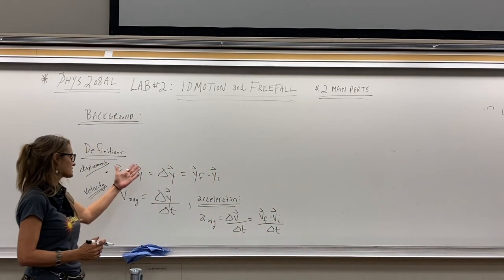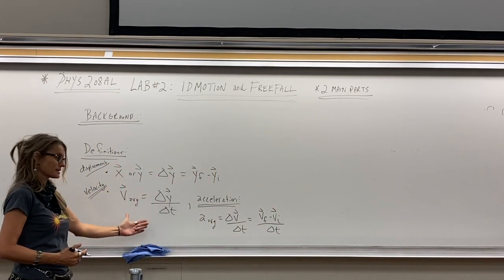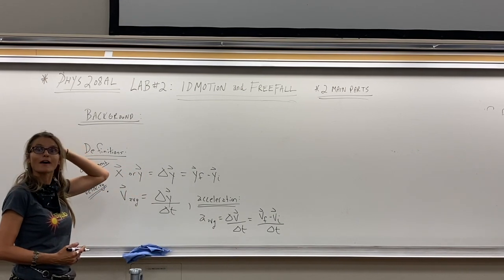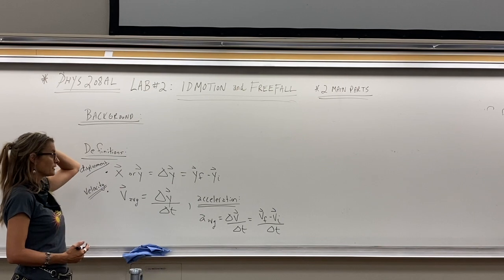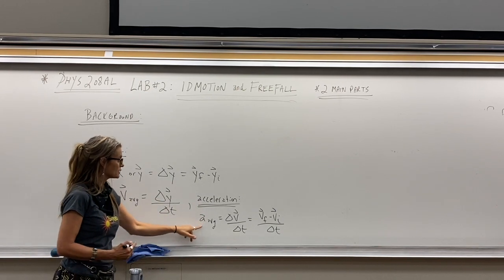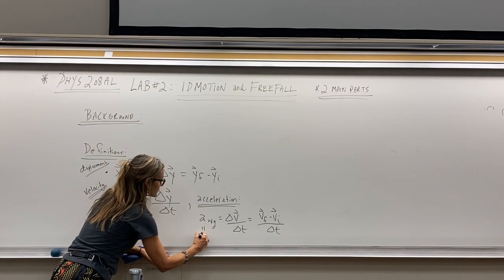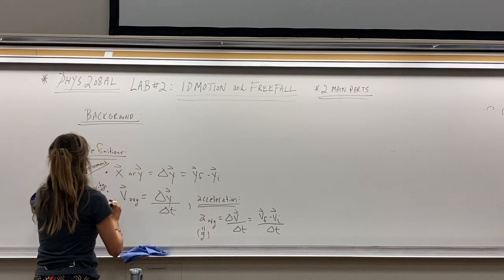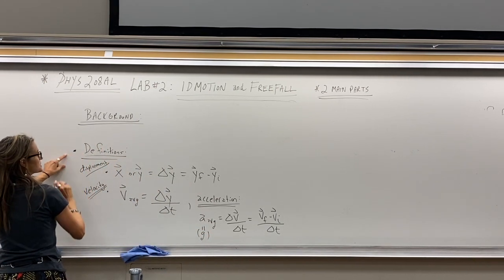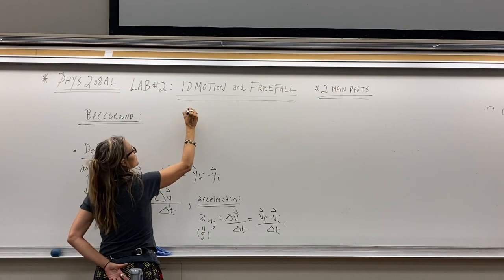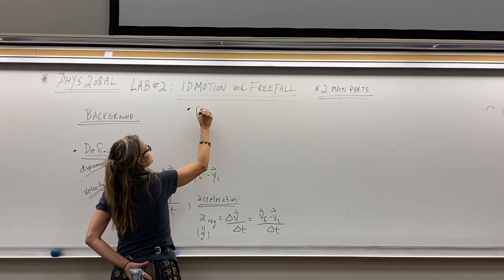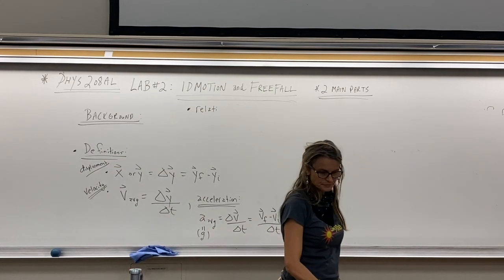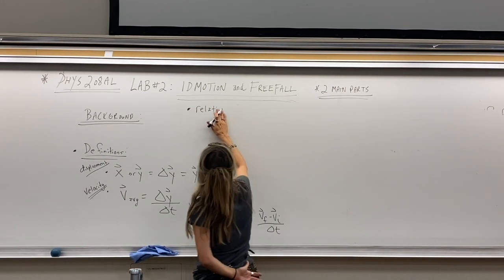There are going to be many cases where we apply this, especially when you're doing free fall and you're trying to experimentally find the little g value, the acceleration. When this A is equal to g, that's when the only acceleration is due to gravity. Okay, so number 1, you need your definitions. Number 2, we need to know our relations, our graphical relations.